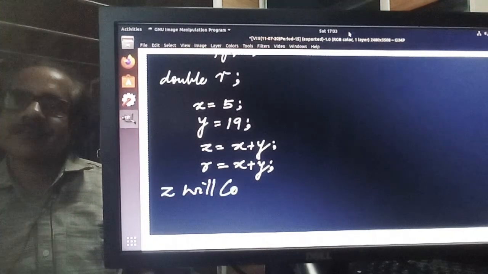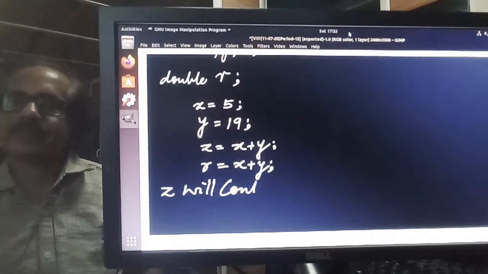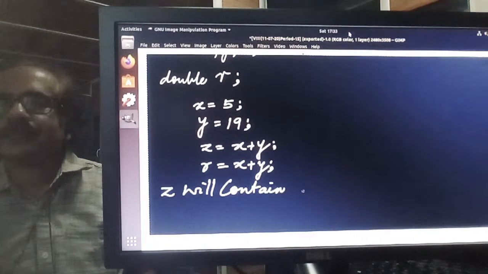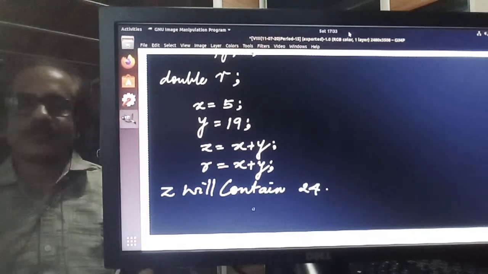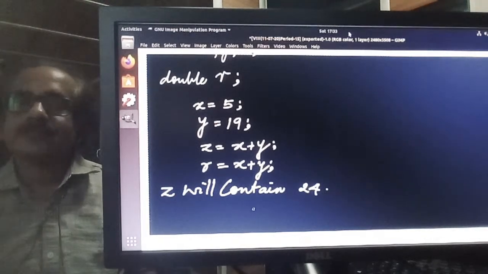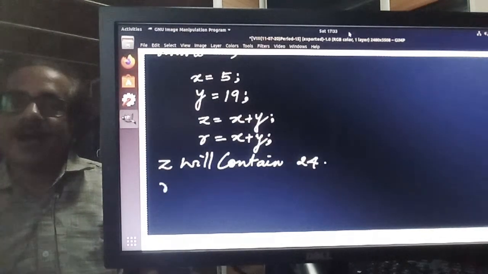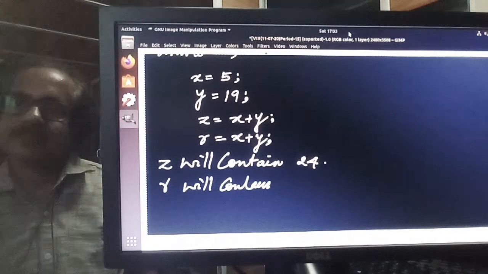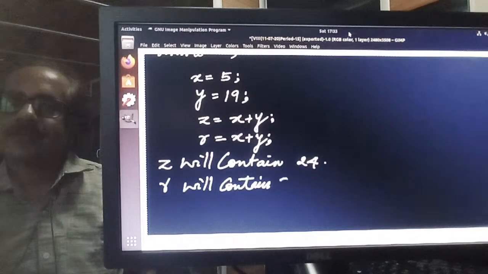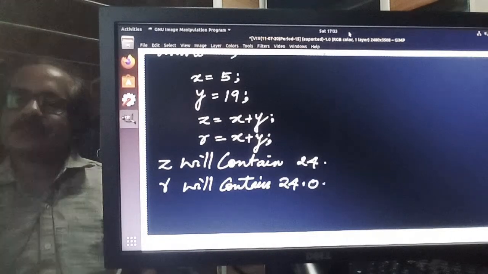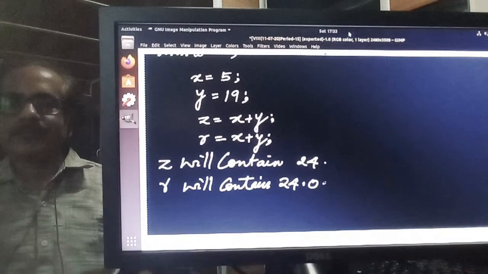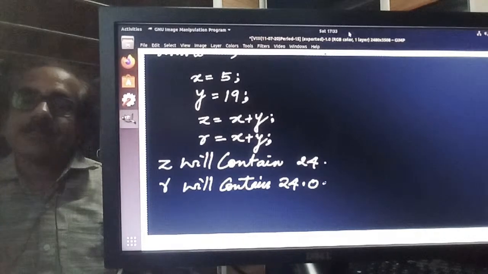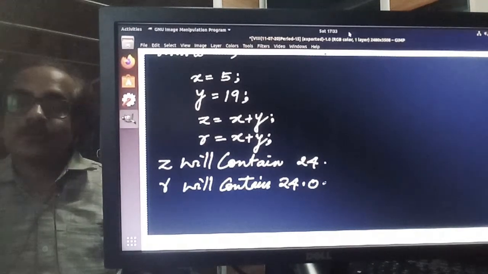Z will contain 24. Right. But R will contain 24.0. Here the data gets converted into double.